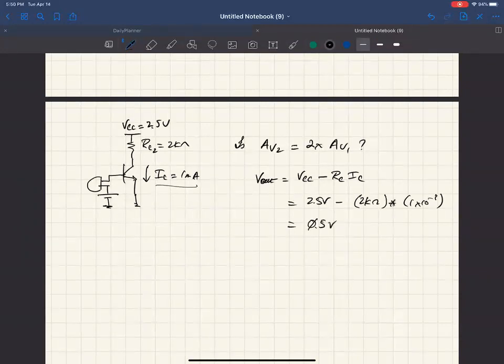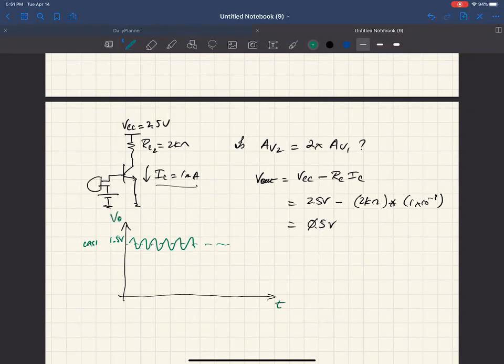If you look at what we had before, in case one we were biased up here at 1.5 volts, and let's say we had a certain gain. This is time and V out. What we wanted to do was to double this swing.